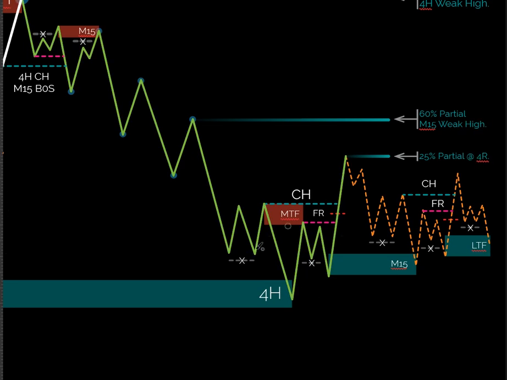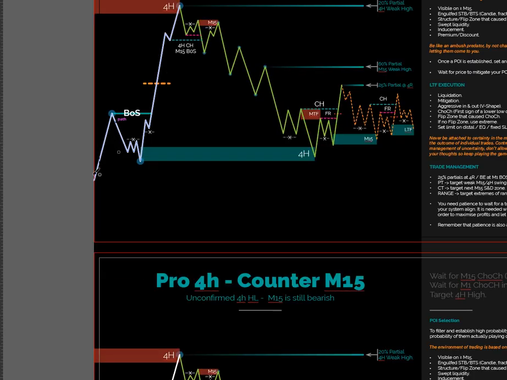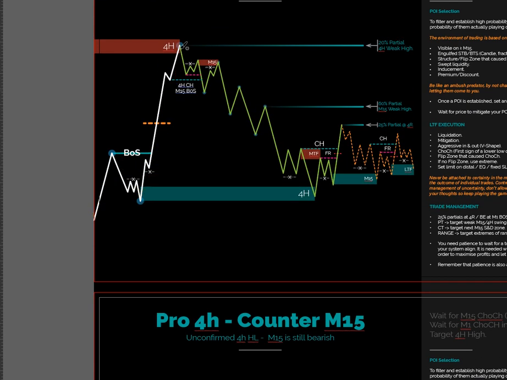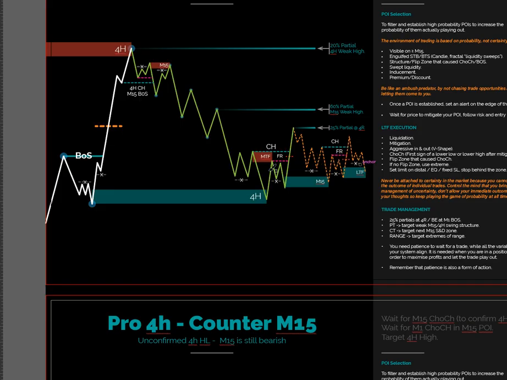Once the M15 switches bullish like this, what you're seeing here, this white line would be the 4-hour, the green line would be the M15, and this orange line would be the M1, right?